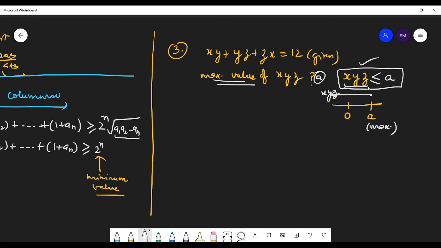See, this xyz will always be less than a. Its maximum value can be a, otherwise it will be less than this. So always try to write the meaning of maximum and minimum value.